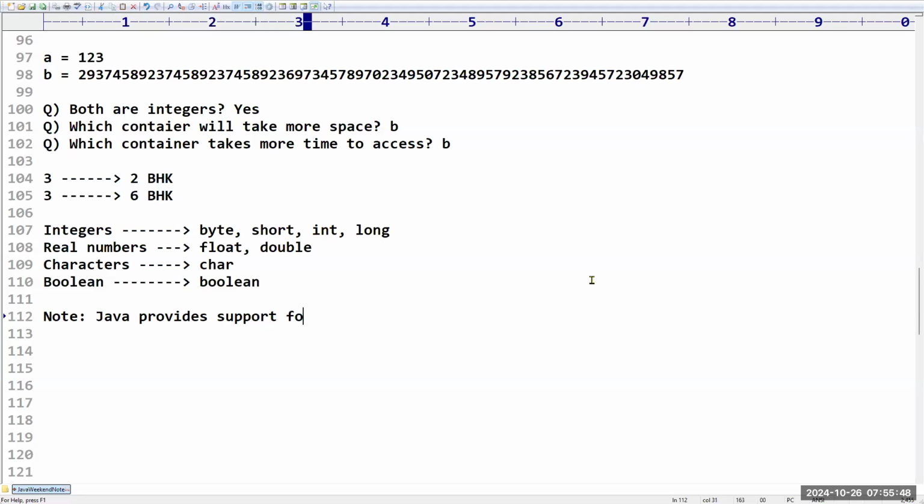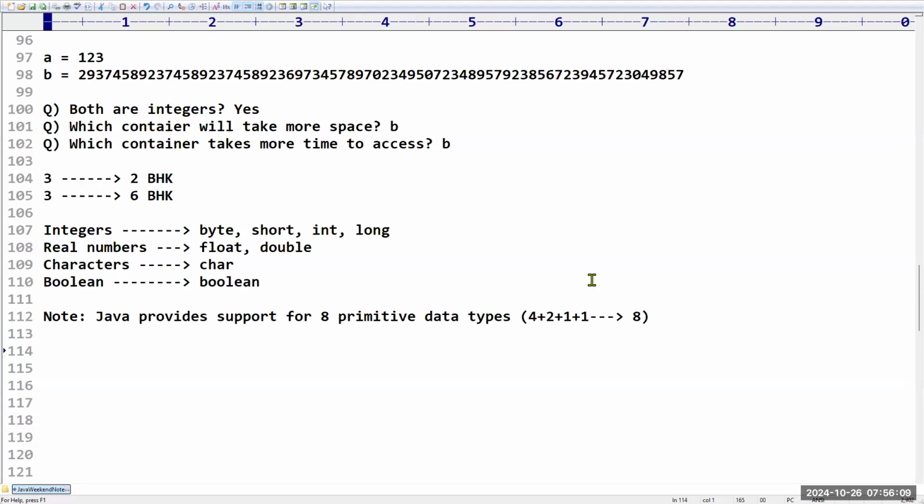Java provides support for 8 primitive data types. What are those 8? If you count, 4 integers, 2 floating point values, 1 character, 1 boolean. 4 plus 2 is 6, 6 plus 2 is 8. 8 data types are there.